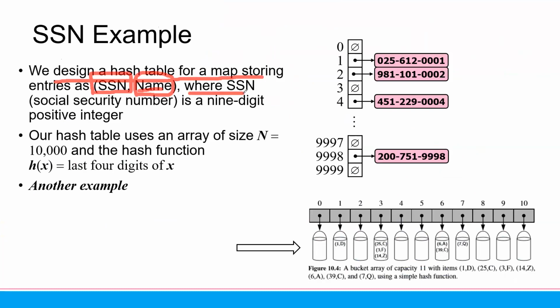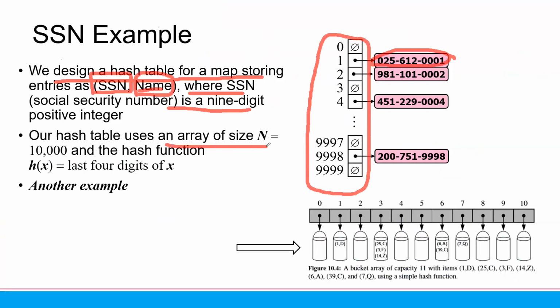So the SSN, let's say that it is a 9-digit positive integer, and in our database we have only a limited size of the array. We want to provide only n equals 10,000.